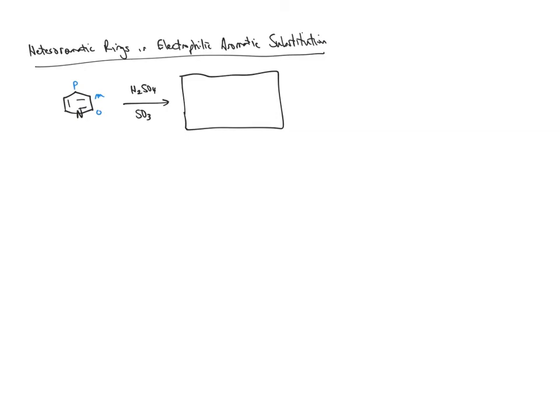Let's draw out what would happen for the ortho. So let's say we've got this pyridine. And again, I'm going to skip ahead to the point in the mechanism in which I've got the E+, that electrophilic center. And I'm going to substitute at the ortho position right here, and that's going to give me the following set of resonance forms.